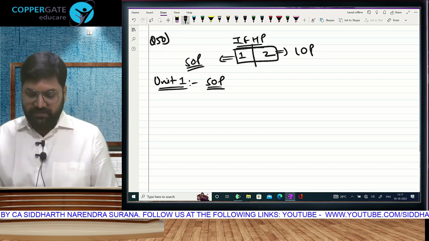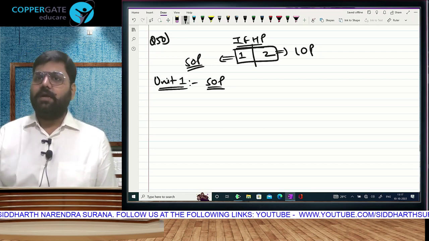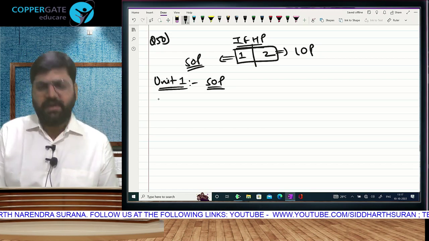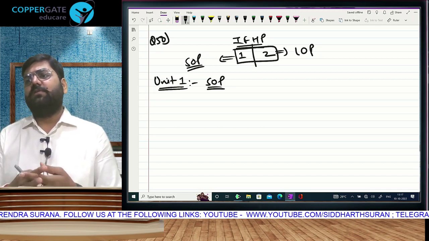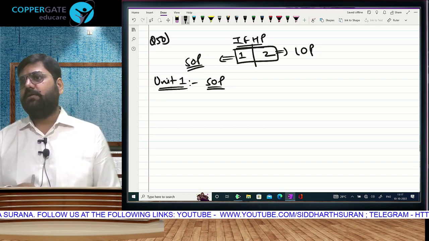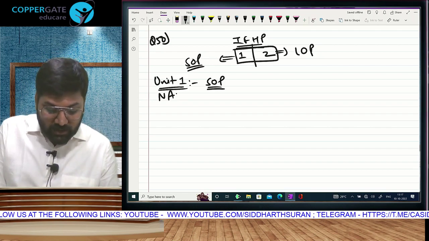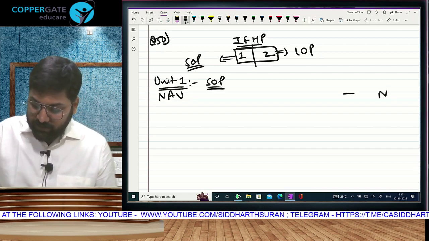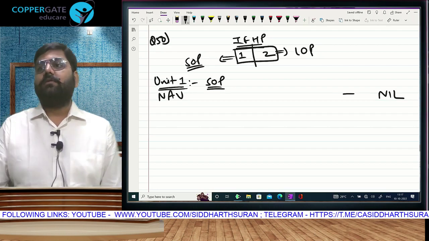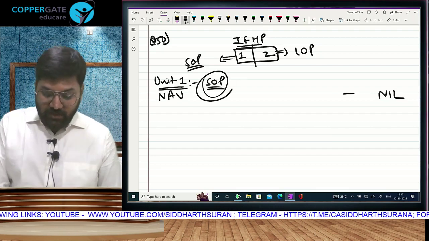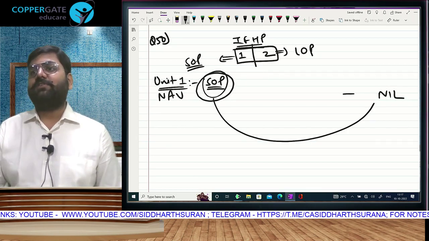For example, unit 1 is SOP. Okay, let's compute gross annual value first. Municipal valuation or fair rent. We will directly start with NAV, which will be nil. This will help you to take this decision fast.